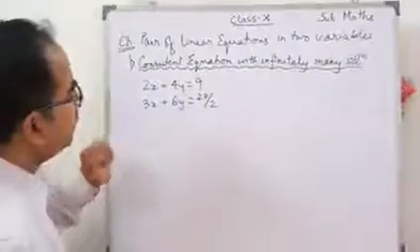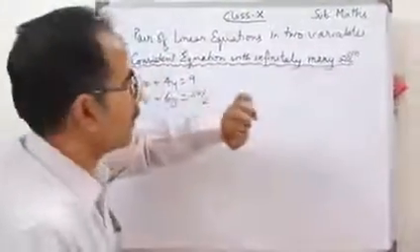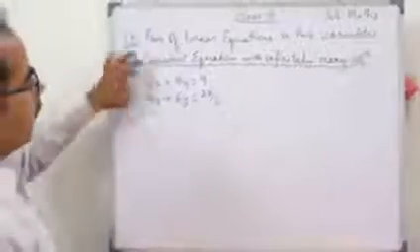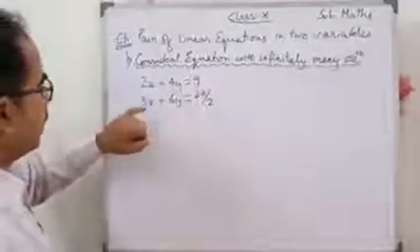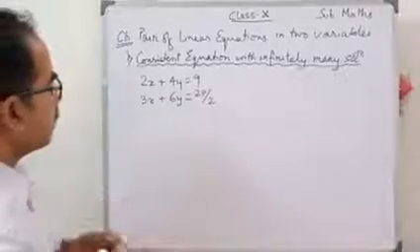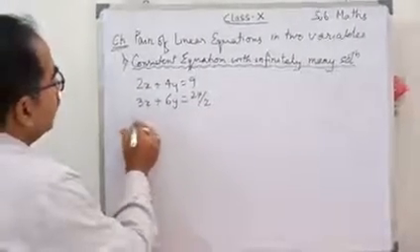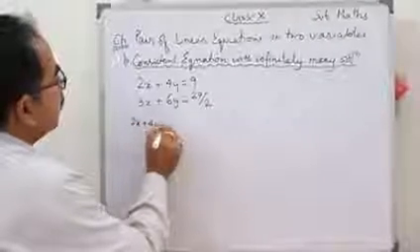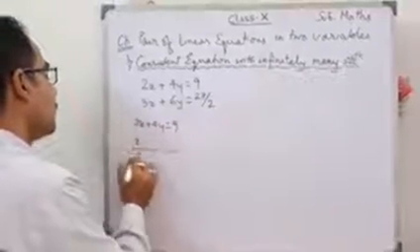Now the second one is inconsistent equations with infinitely many solutions. The second part. So I have taken one example, 2x plus 4y equal to 9 and 3x plus 6y equal to 27 by 2. So here, if I take the first one, 2x plus 4y equal to 9, let us see what comes.